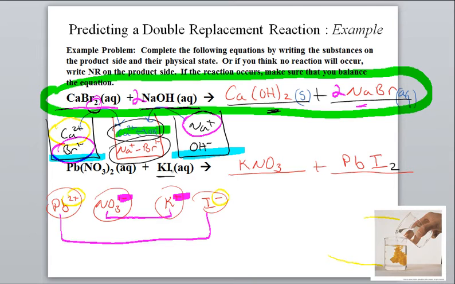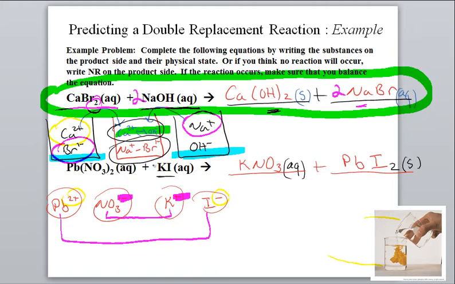As far as phase labels, potassium nitrate was soluble, so it gets the AQ. Lead iodide was the precipitate, so S for solid. As far as balancing, it needs to be balanced. There's 2 I atoms on the product side, 1 on the reactant side.